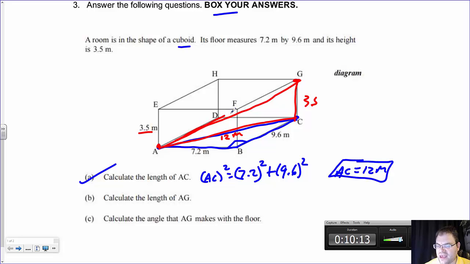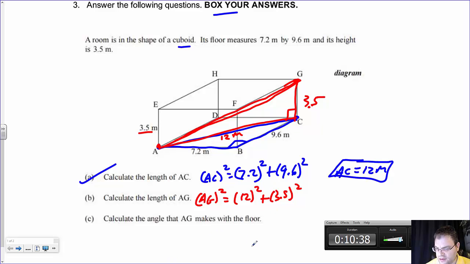So to find this diagonal that I want right here, all I have to do is use the Pythagorean Theorem again, because this is another right triangle. So this squared plus this squared, this is 3.5, this squared plus this squared is this unknown AG squared. So AG all squared will be equal to 12 squared plus 3.5 squared, because it's another right triangle.